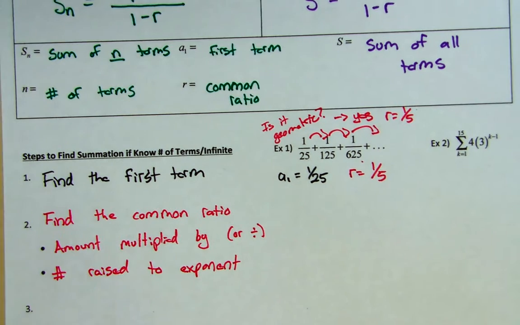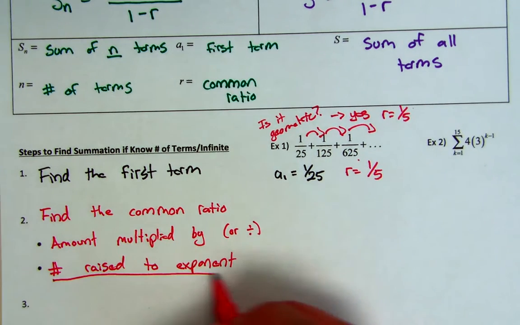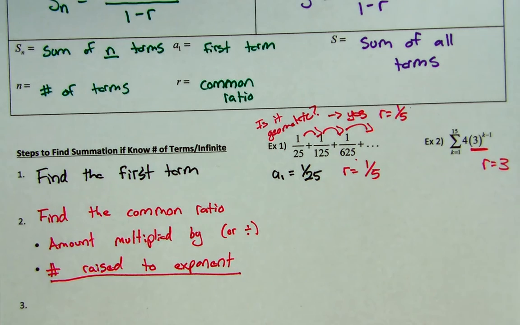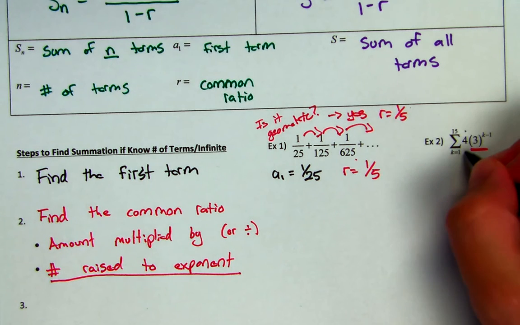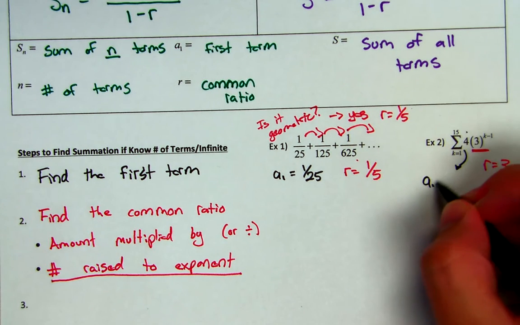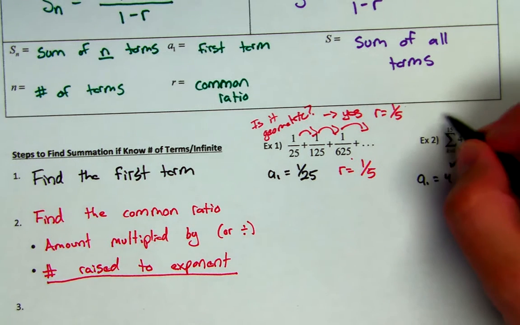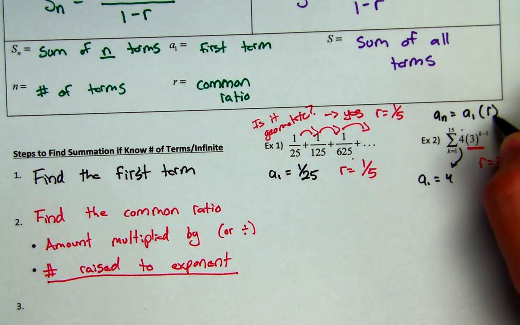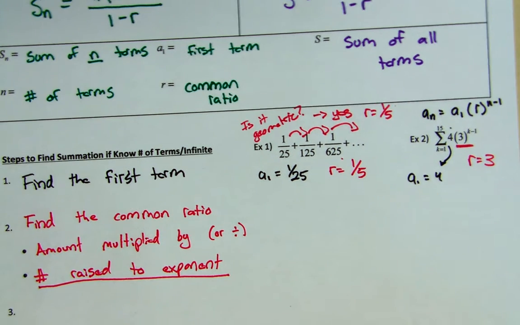And why do I talk about that? Because this number raised to an exponent is right here. So r equals 3 in this case. a1 is your 4. And that's because you have an equals a1 r to the n minus 1, if you recall your geometric.